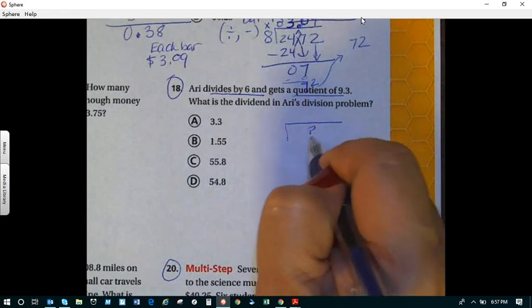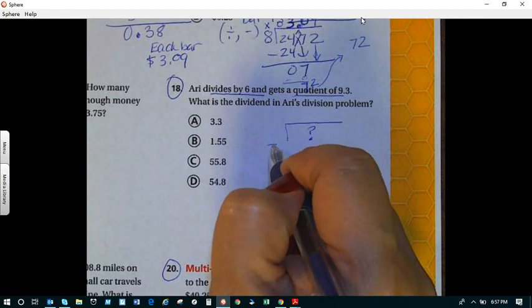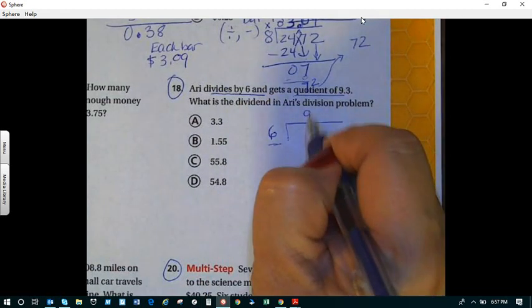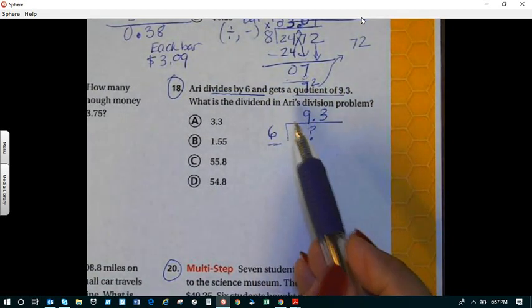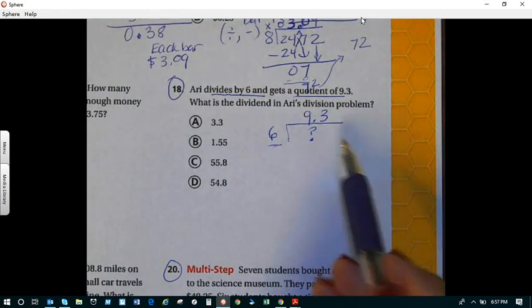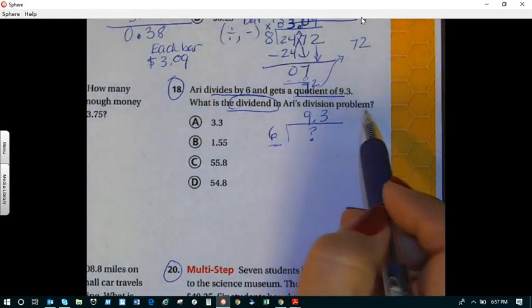We're looking for this here. This is the dividend part. This is the divisor. So it's 6. The quotient is the answer. So how do we do this? We multiply the answer times the divisor, and it gives us the dividend. So what is the dividend in Ari's division problem?